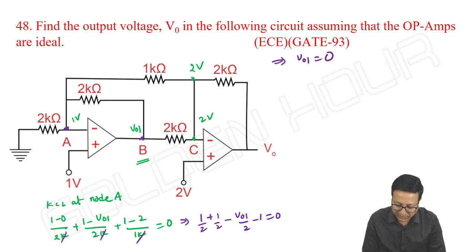Next, this voltage is known and this voltage is known. It is like a simple adder circuit. Here also we have one more input, nothing to worry. So what we can do?